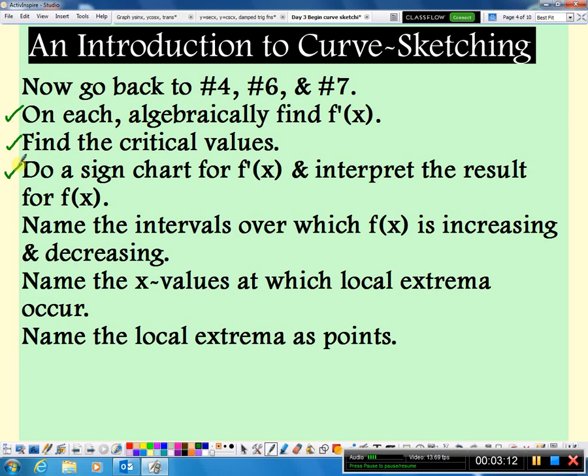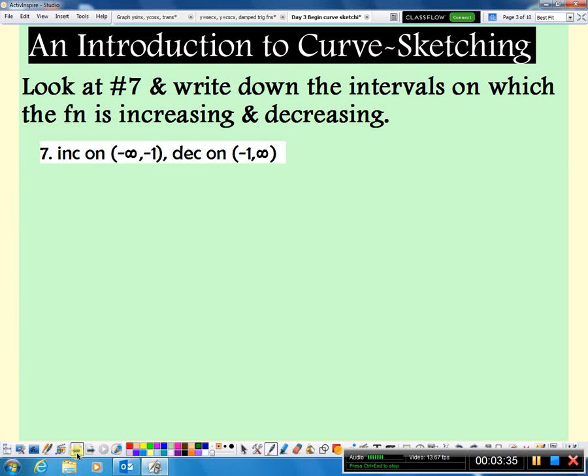Then we will answer questions algebraically about where a function is increasing and decreasing. From there we'll be able to name the x values where we get maxes and mins, local extrema. Then we'll plug the x's in to find the corresponding y's so that we can name the maxes and mins as points.